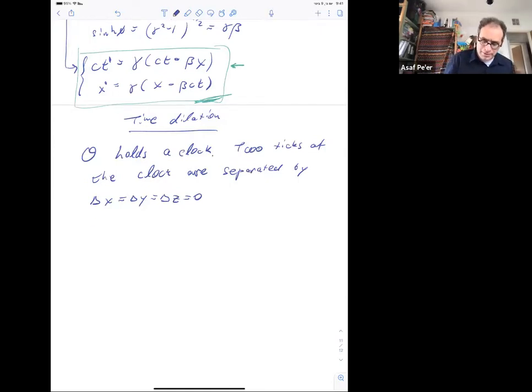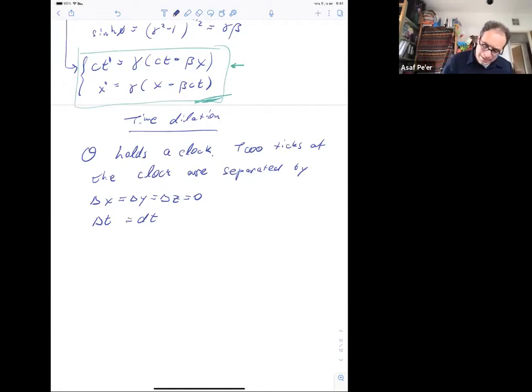And the two ticks are separated by some time delta t, which we call dt. dt is the nominal period between ticks as the manufacturer of the clock meant, assuming that the clock is okay and is not having any trouble. Okay?